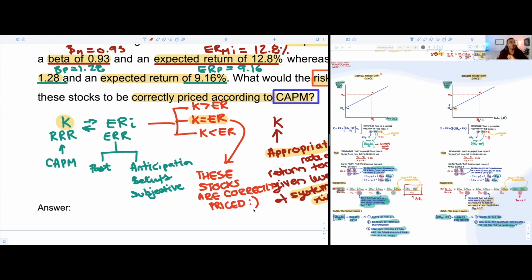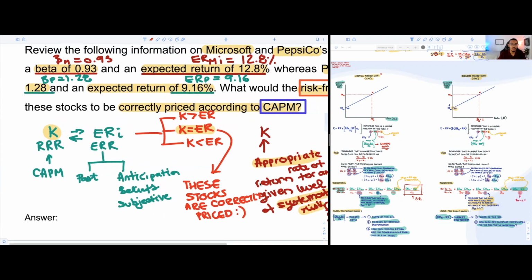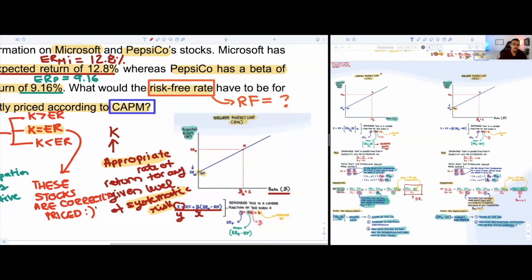So the final bit that I want you to understand is that if stocks are correctly priced, they're going to lie on our CAPM line, on our SML. They're going to lie right here, okay? If they're correctly priced, and I guess we'll use our little information just to make it maybe more visual.